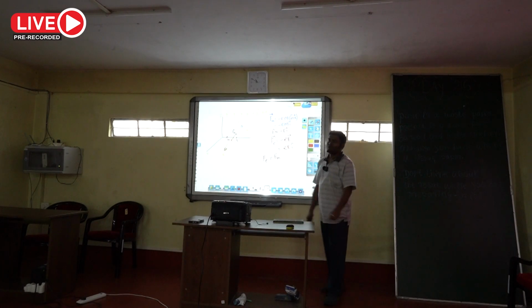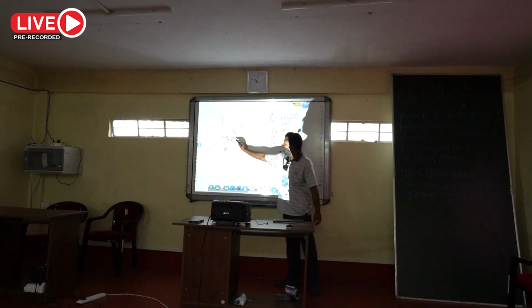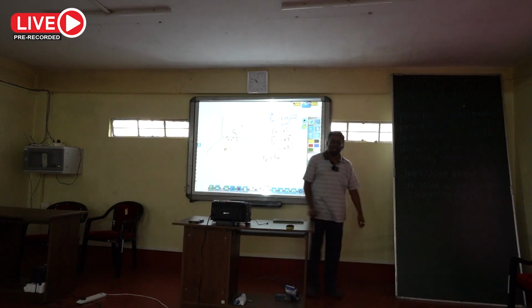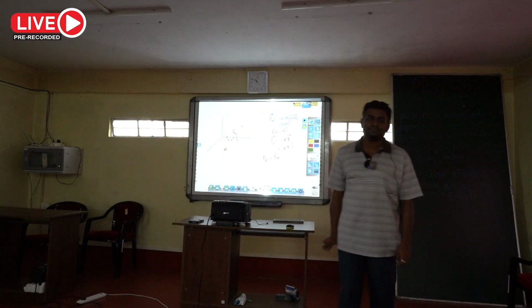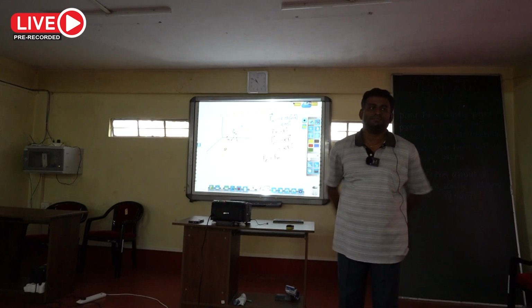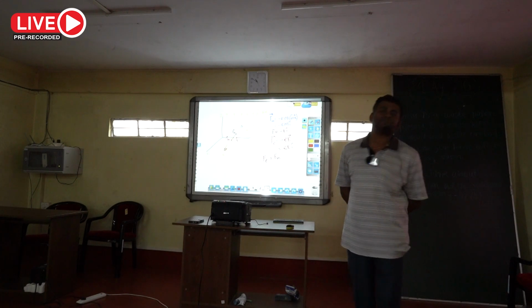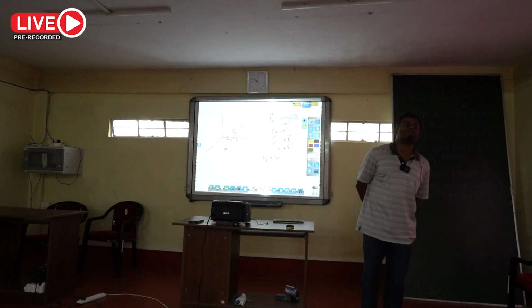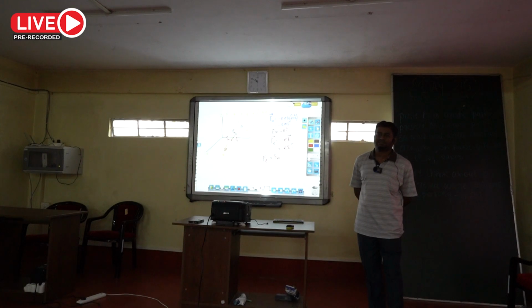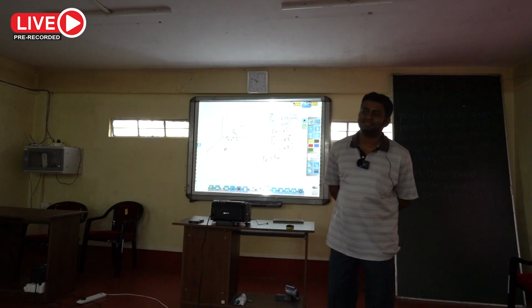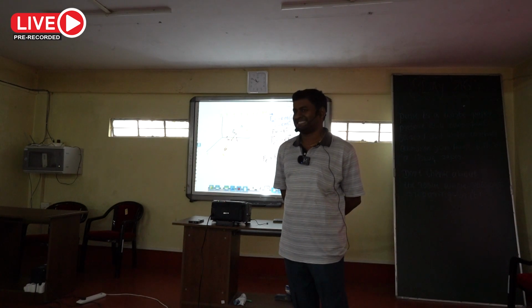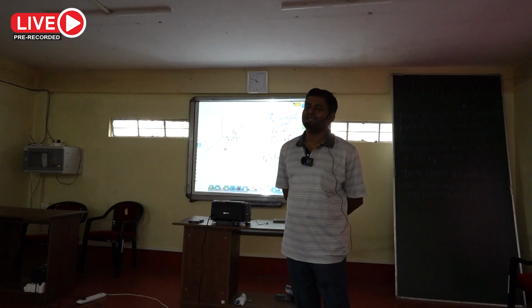Now, what will be the velocity of the electron at that point when these two forces balance each other? Force 0 does not always mean velocity 0. It may be that the velocity is constant.